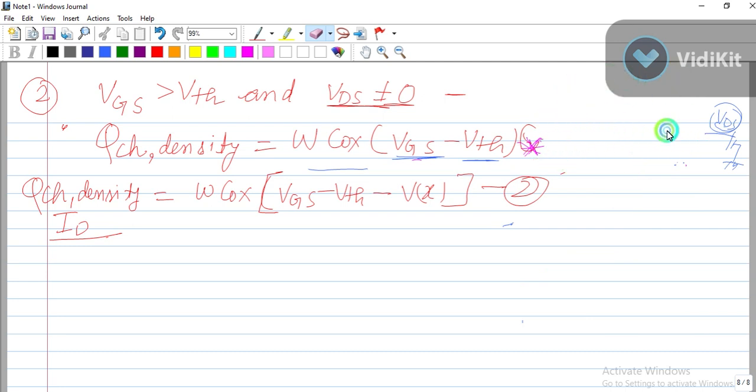Let me take the blue pen. Okay, so I want to calculate ID.